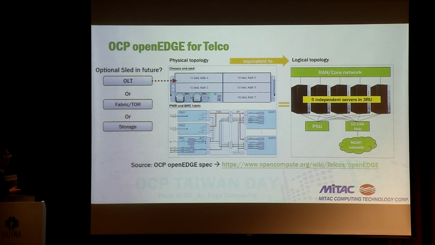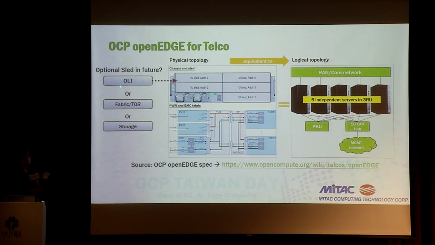And then what else do we need to think about? Just like I mentioned, in the telco application, with only the computing sled is good enough, but maybe we need to think about some other optional sleds in the future. Like in the residential application, you need to have the OLT connect between the computing sled and the ONU direct to your house.